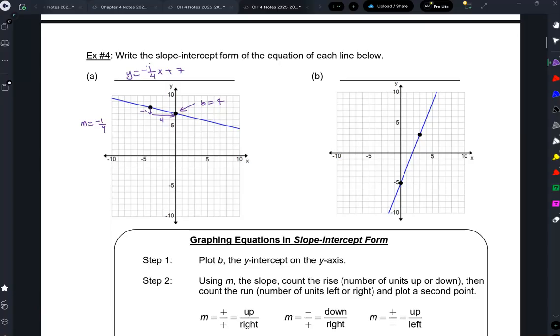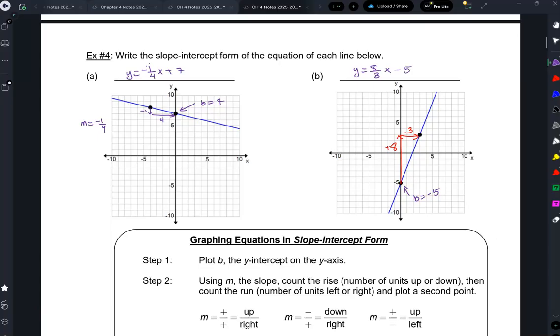Okay, what's b here? B is negative 5. Okay, what's slope? What do you think? Plus 8 plus 3. Yeah, so 8 over 3. Okay, so y equals what first? 8 over 3 times x and then minus 5.